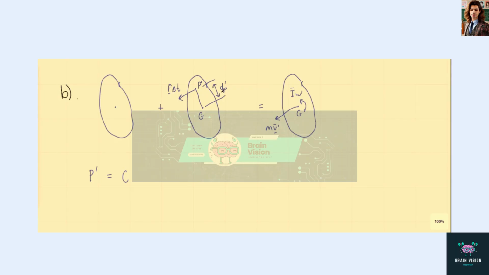The distance between G and P prime we will call dP prime, again just to make things easier. And then this is equal to our mass center moving off with momentum m v prime and rotation with angular momentum I omega prime. So again, we're going to use the conservation of momentum and impulse.